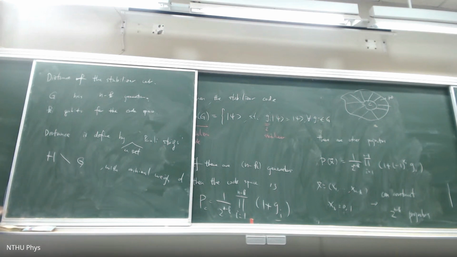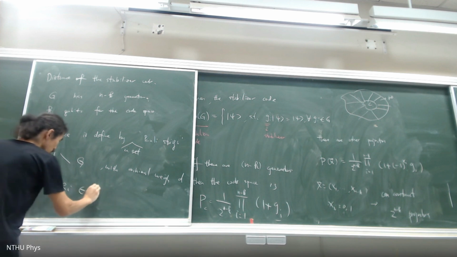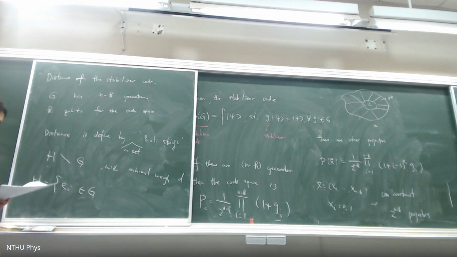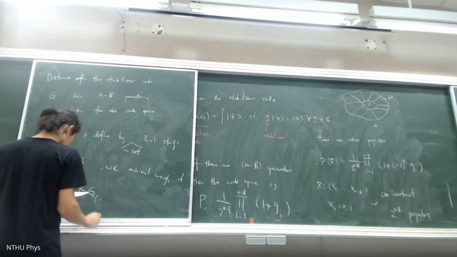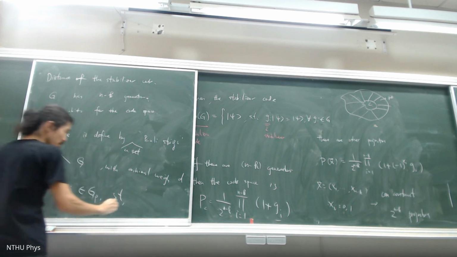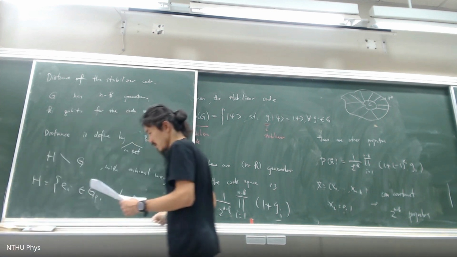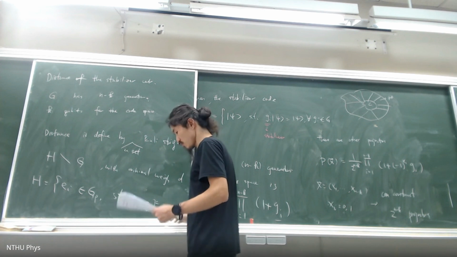That is denoted D, and this minimal weight D will be the definition of the distance. I have not yet shown you what this set of Pauli strings is. The set is basically elements belonging to the Pauli string group, but I want all these elements to commute with the elements in the stabilizer group.